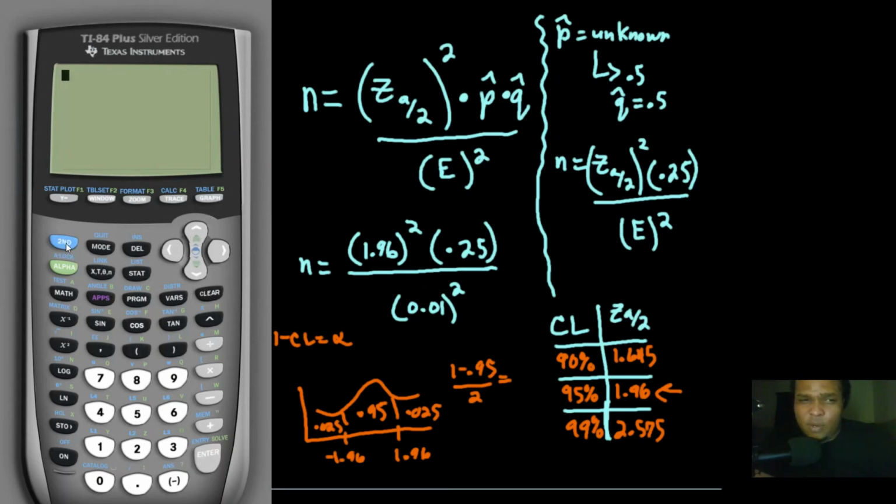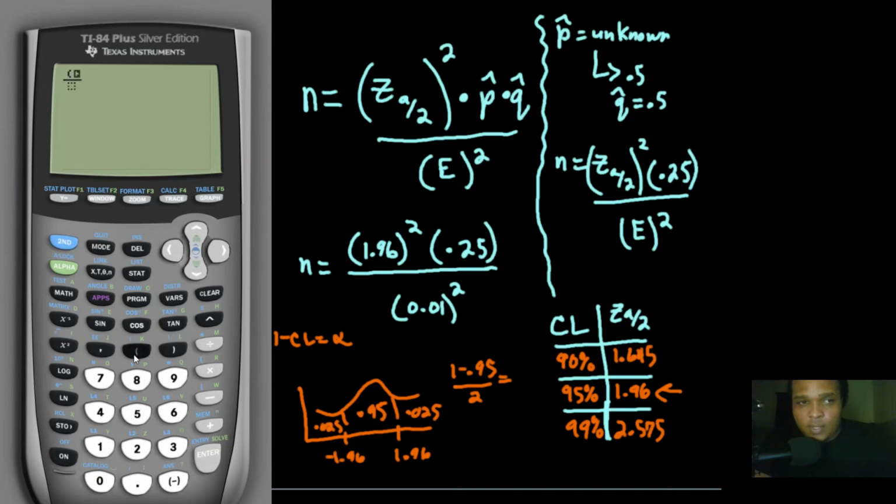To get a fraction bar, I believe it's second alpha window. Let me see if we can get it. Yeah. So second alpha and then window. Let's move over to where it says fraction. And we're going to hit enter right on here. So it gives us a fraction bar. I think there's a simpler way to do it, but I can't remember right now.